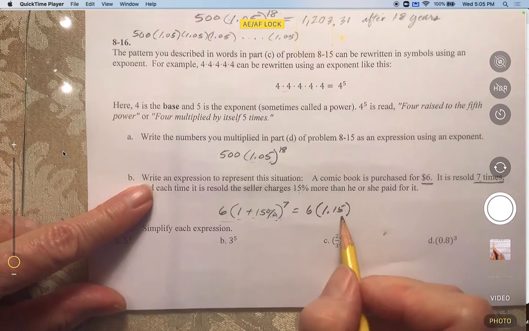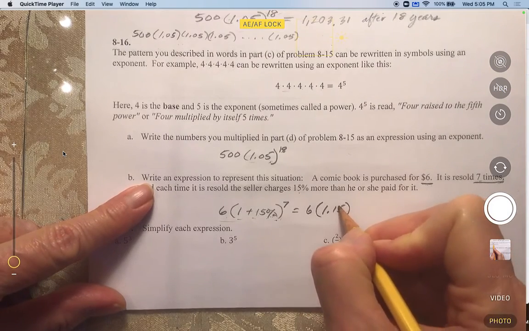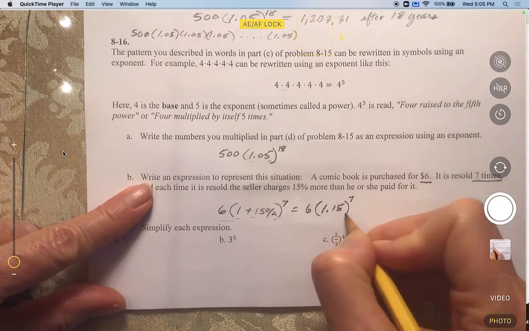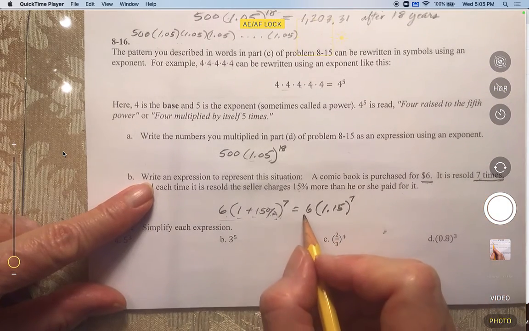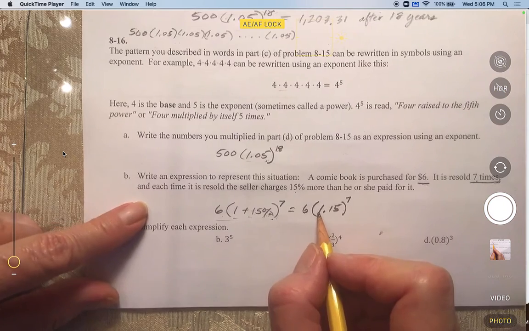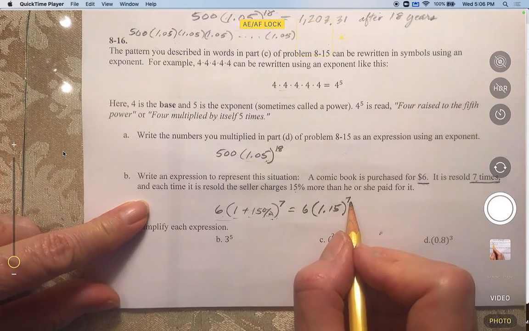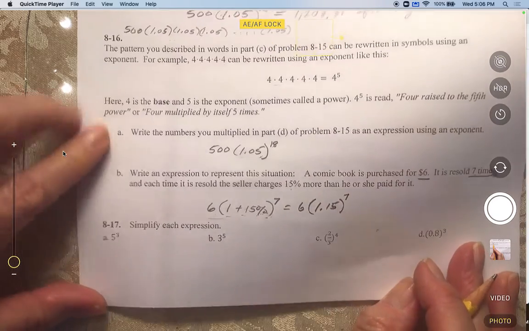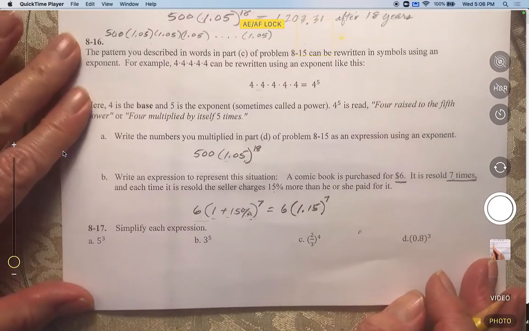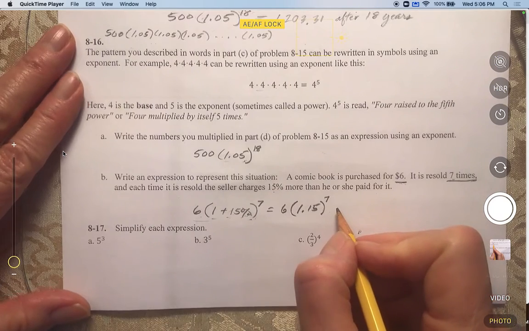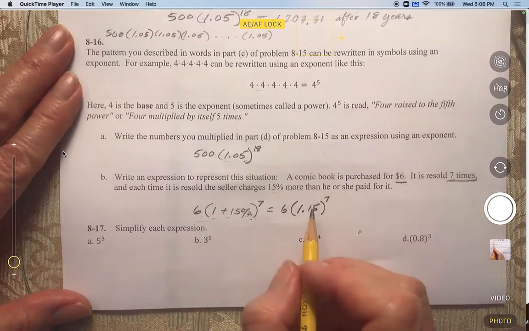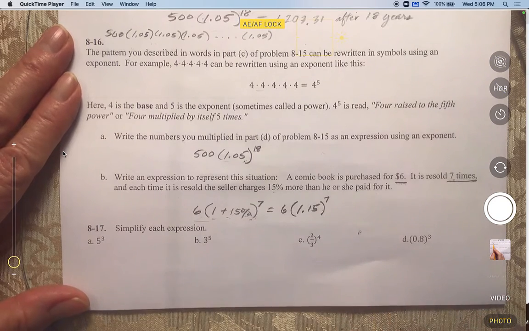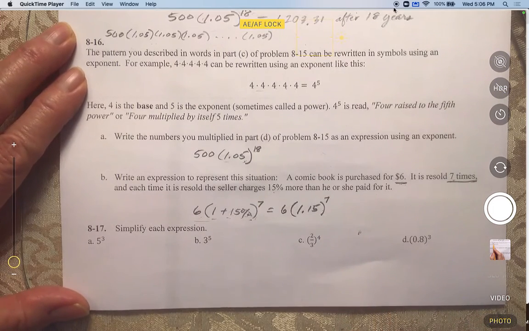I've converted it to decimal form. And then we are going to multiply that 7 times itself. So it's 6 times 1.15 to the 7th power. That's the expression. If we wanted to calculate it, we could find out what that expression was worth, but they're not asking for that. So we'll just stop where we are.